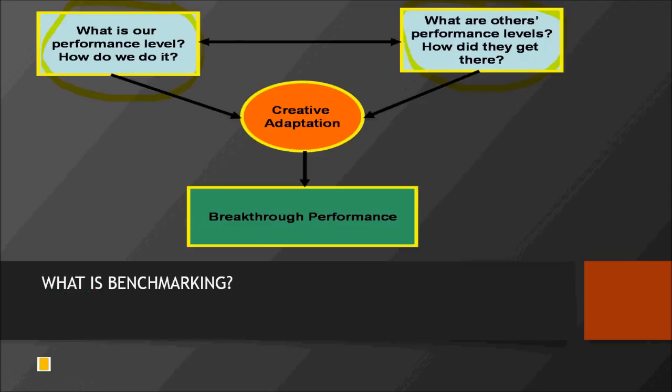Creative adaptation is basically defined based on whether you're going for, let's say, a competitive benchmarking process or a non-competitive benchmarking process. Whichever one you choose, based on that, you have to creatively adapt your process during the benchmarking process. And if you do it successfully, you will achieve that breakthrough performance.